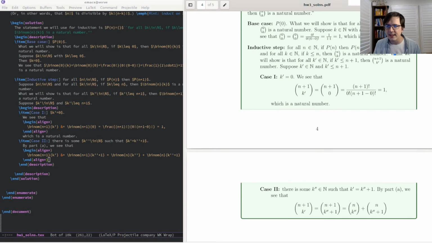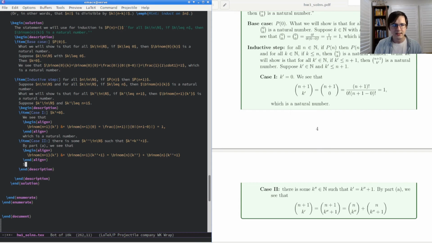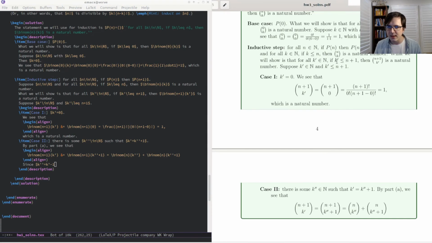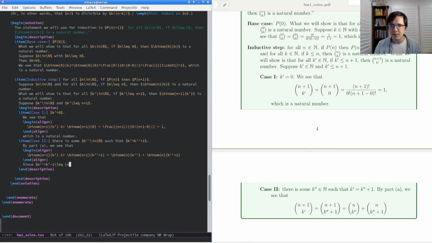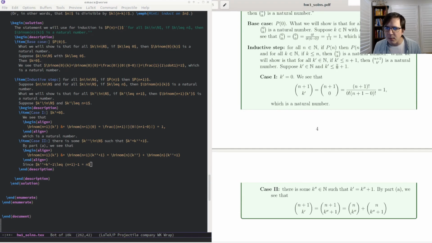So we were supposing that for n and all k that are less than or equal to it, n choose k is a natural number. So since k double prime is equal to k prime minus 1, and k prime minus 1 is less than or equal to n plus 1 minus 1 equals n, oh wait, I copied the wrong part.